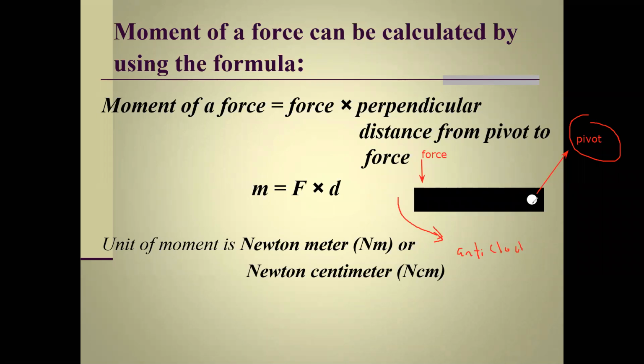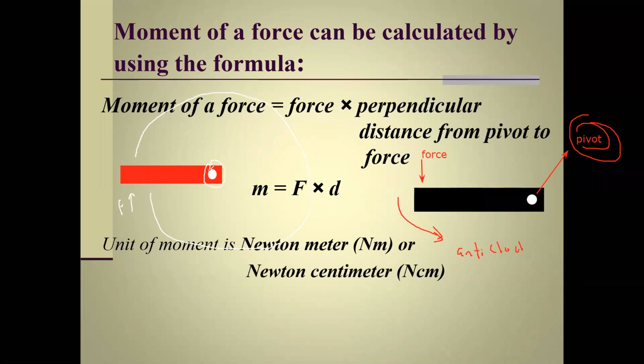If you have any object which is fixed from one end, the point around which the object can rotate is the pivot. When you apply the force in this direction, the whole object can rotate about the fixed point.